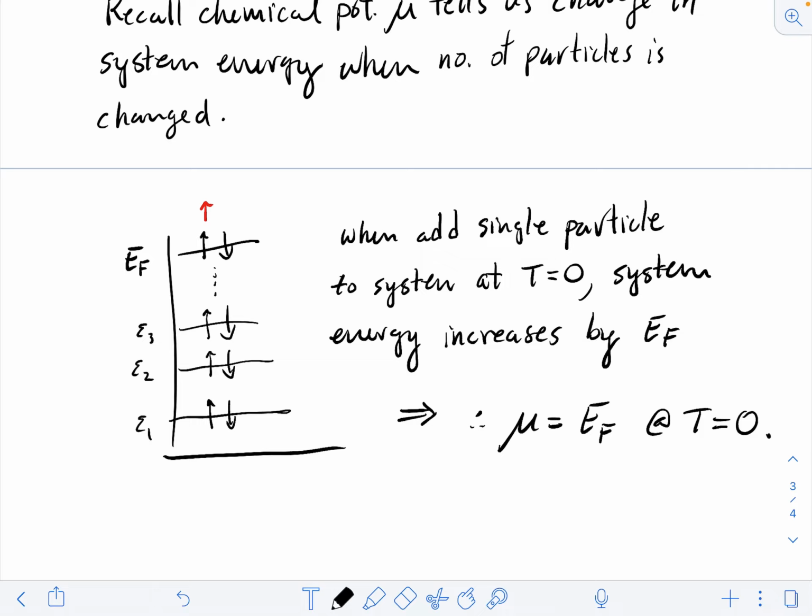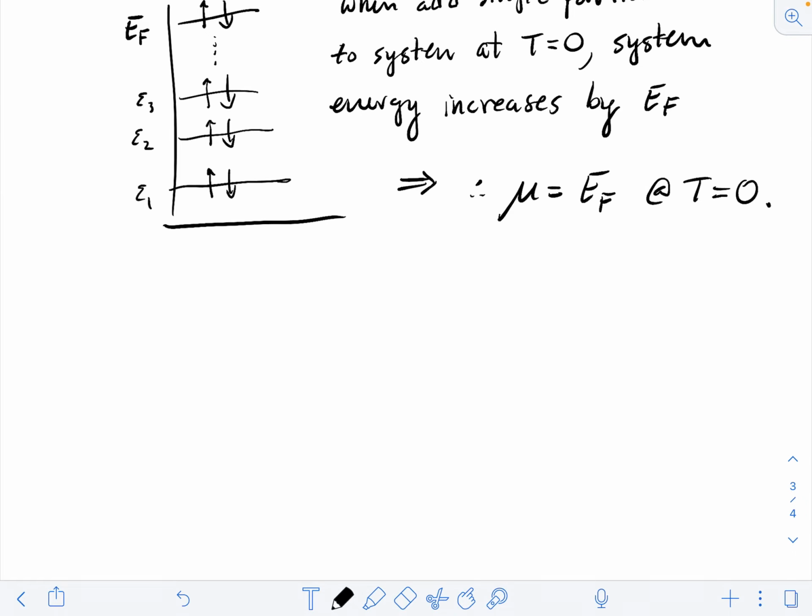And so therefore, the chemical potential is equal to the Fermi energy at t equals 0. Okay, so let's figure out a way to count the number of particles. The number of particles in our system is going to be, we said the density of states times an energy range tells us the number of states available between epsilon and epsilon plus d epsilon.